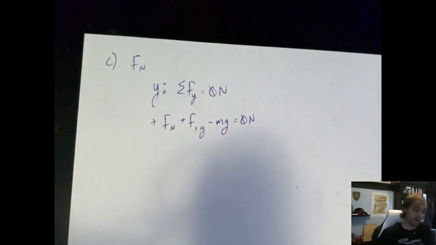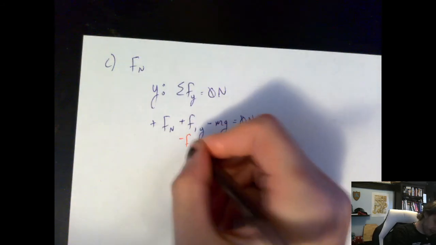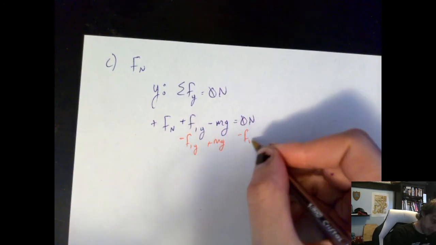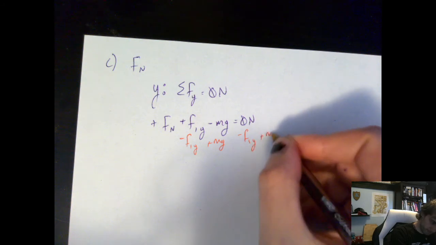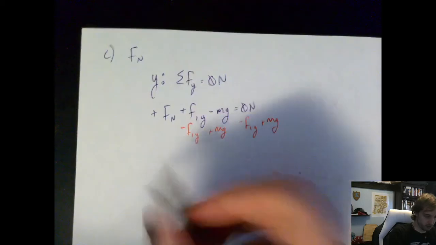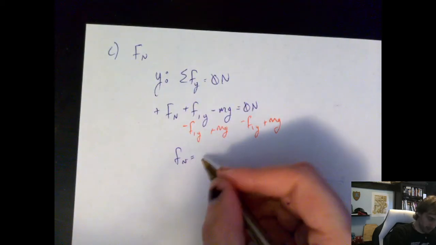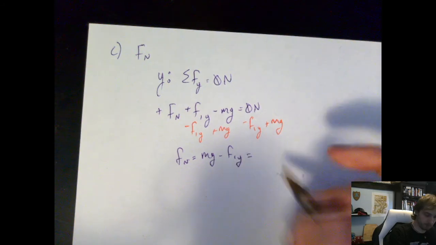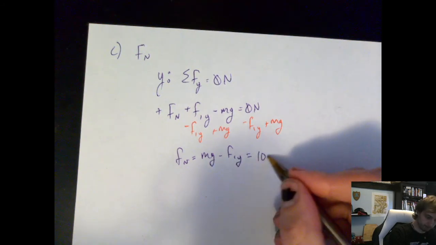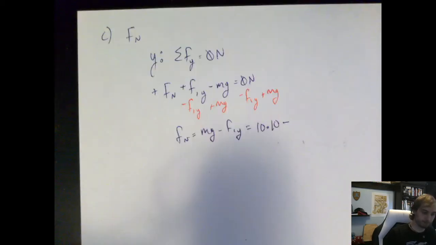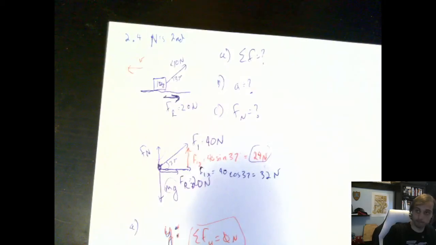I need to solve for Fn, so I'm going to have to get rid of F1y and get rid of mg. And that'll leave me with my normal force is equal to mg minus F1y. m is 10, g is always 10, F1y was, I think, 24, but let's double check.